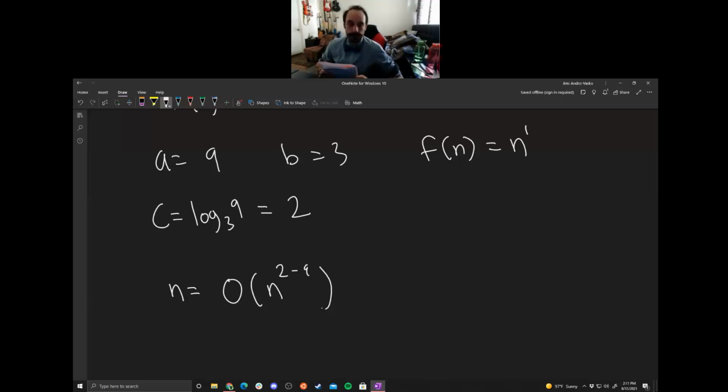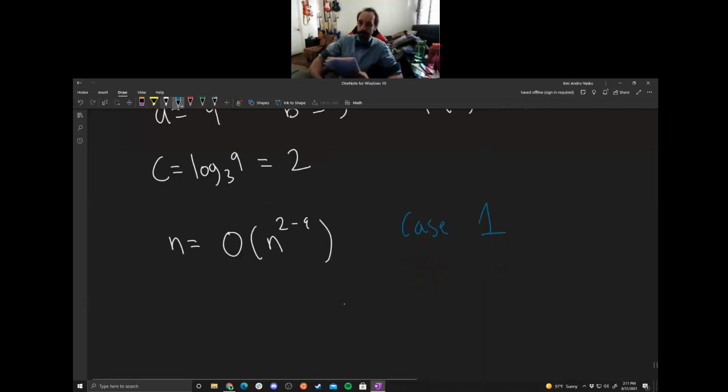As long as epsilon is not bigger than 1, but we have to pick just one constant. So I'll pick 0.1. If that's the case, this actually holds. Therefore, case 1 is what's going to happen. And there's no way the cases can overlap with each other, so only one of these three is going to be correct.